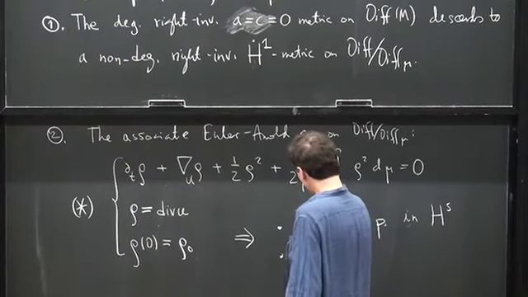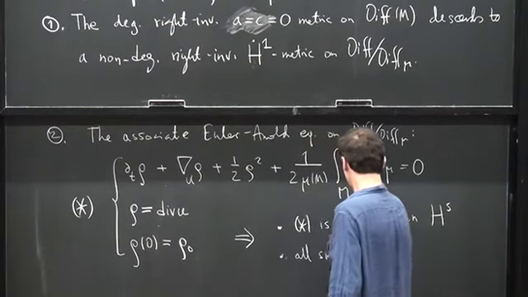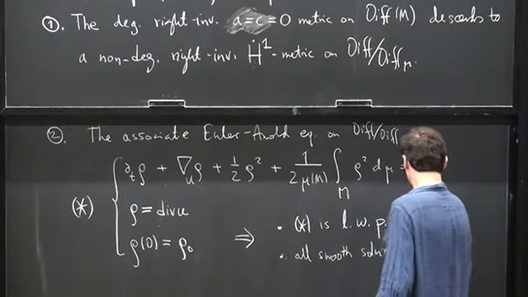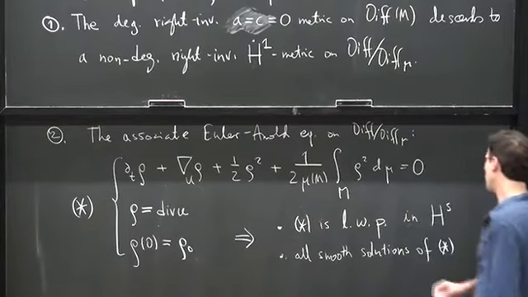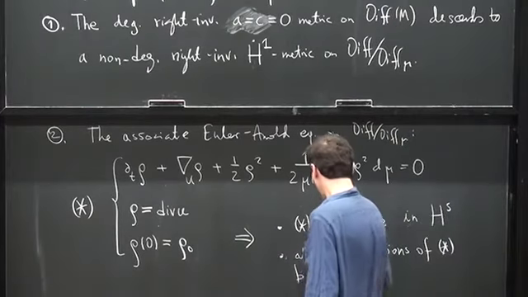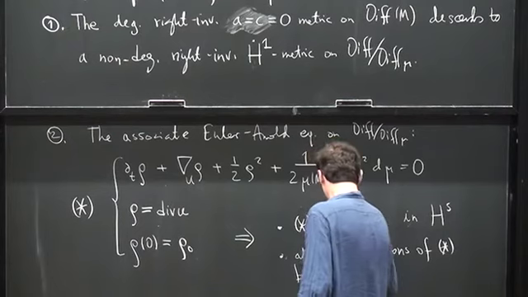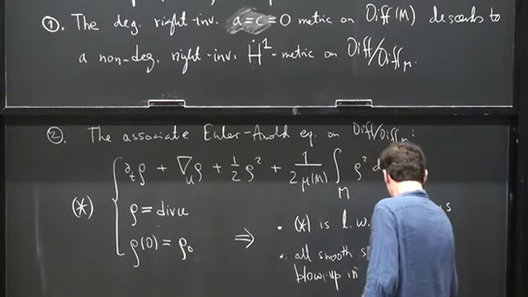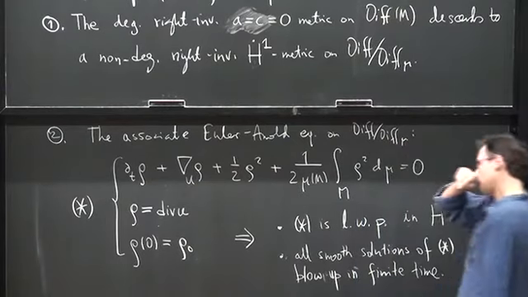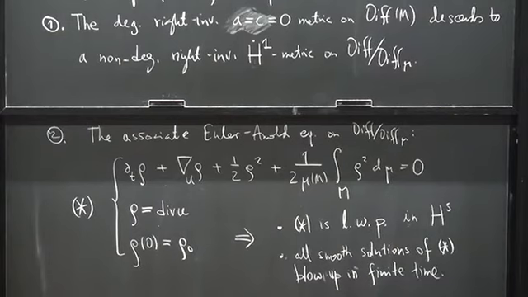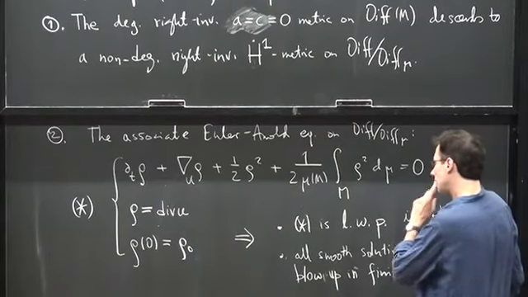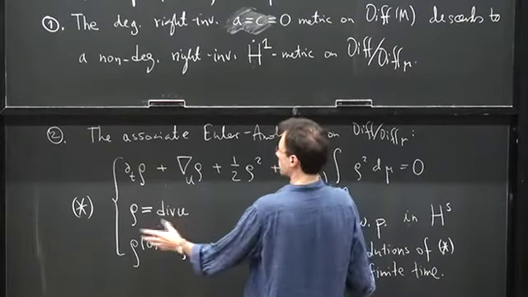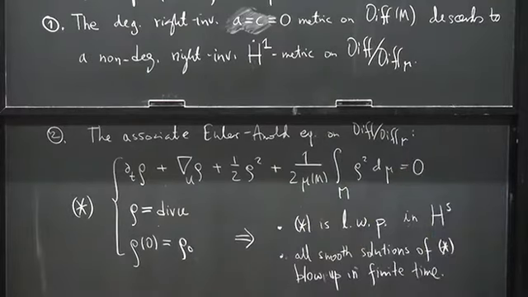Then it turns out that all smooth solutions, or strong solutions, of this problem blow up in finite time, in the following sense: there exists some maximal critical time, such that as we approach this time, the L infinity norm of rho, or the C1 norm of u, grows without bound.